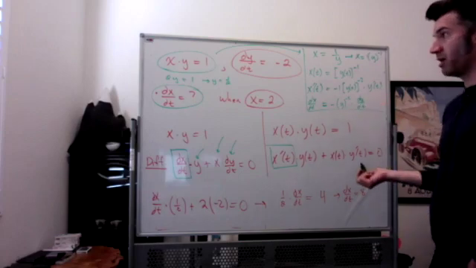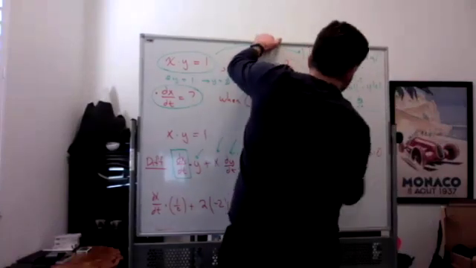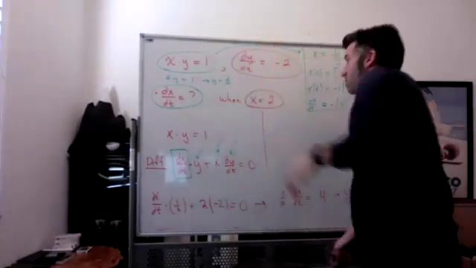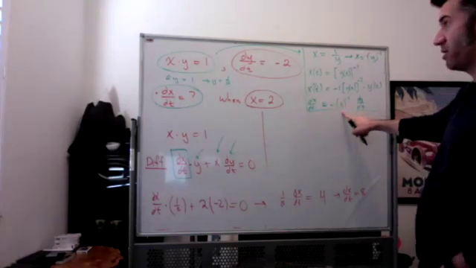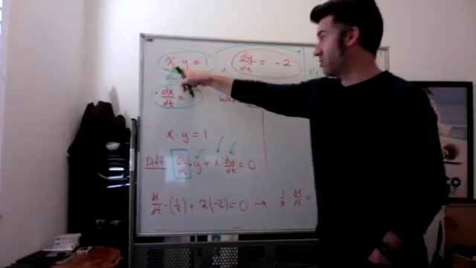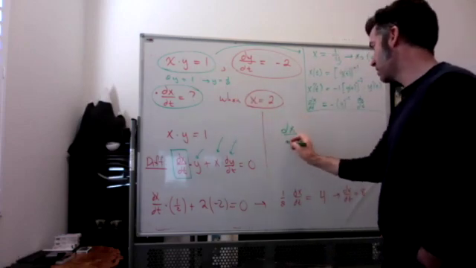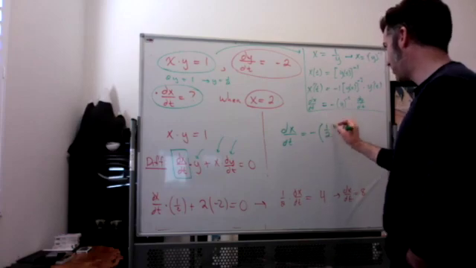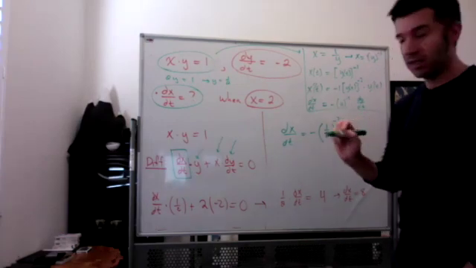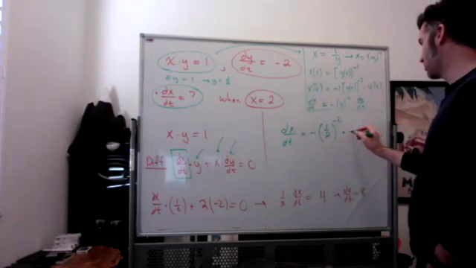And now we can plug in. We're trying to figure out what dx/dt is. We know that x is equal to 2, so y is equal to 1/2. So we get that dx/dt is negative (1/2) to the negative second times dy/dt, which is negative 2.